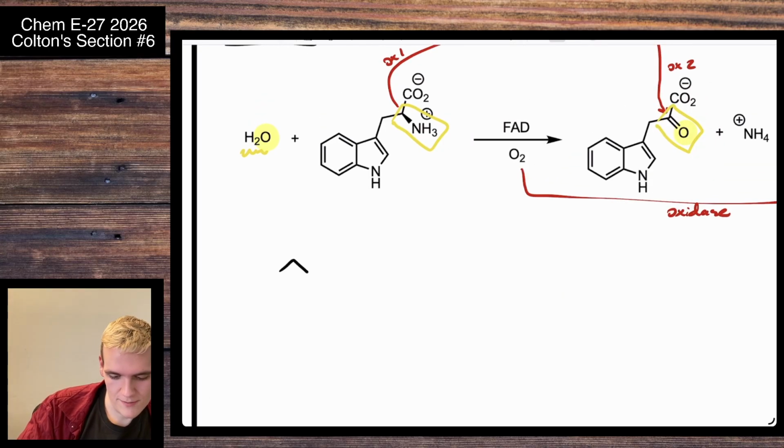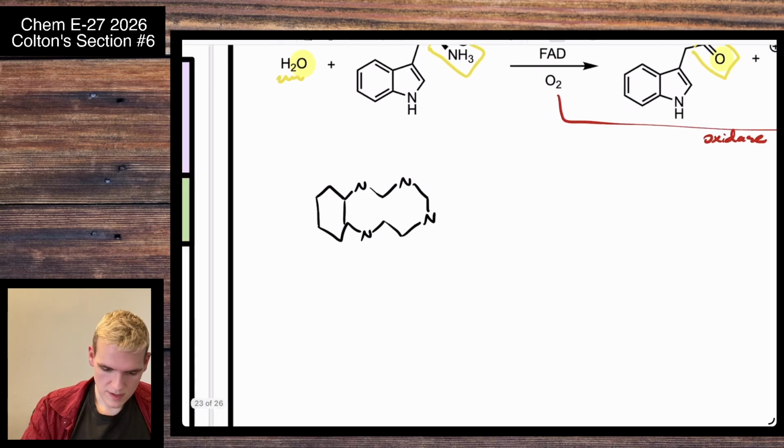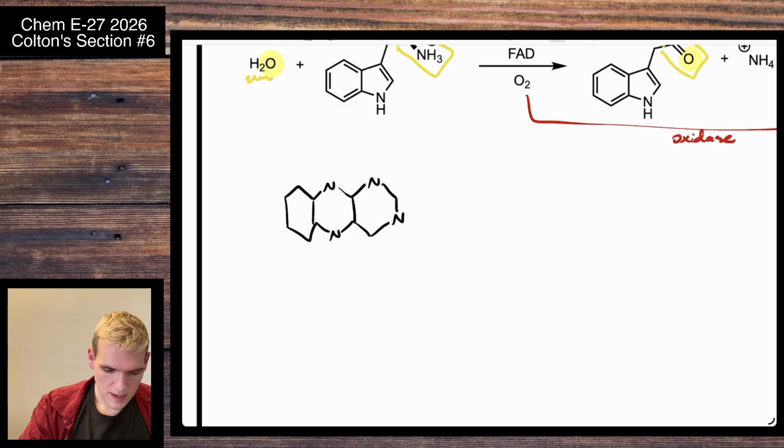Okay, so FAD. We draw the 3 rings. The left ring is boring. The middle ring has top and bottom nitrogens. And the bottom ring has north and southeast nitrogens. The left one's straight up a benzene, and we put 2 methyls on it.